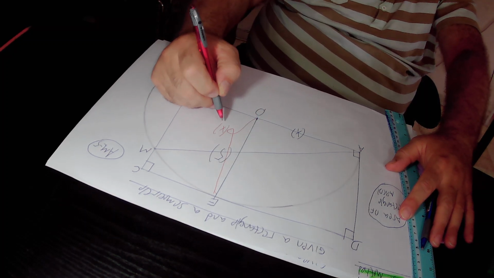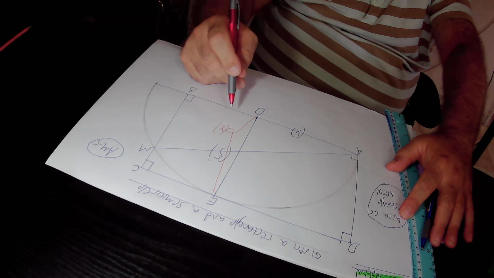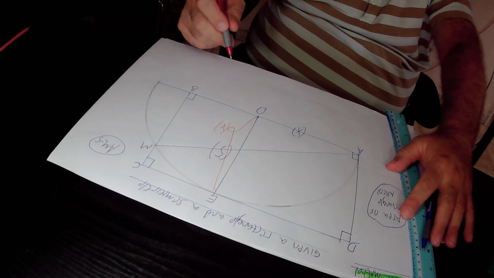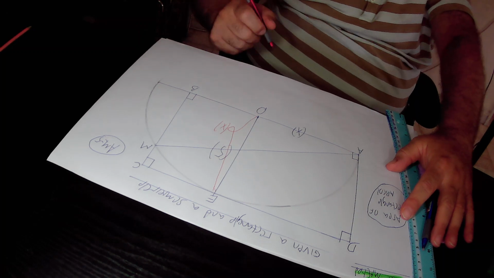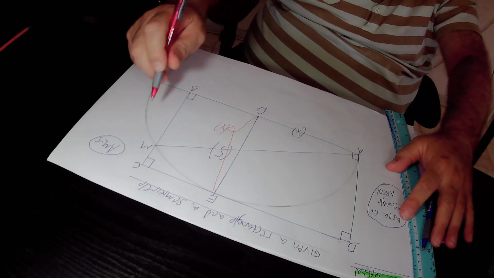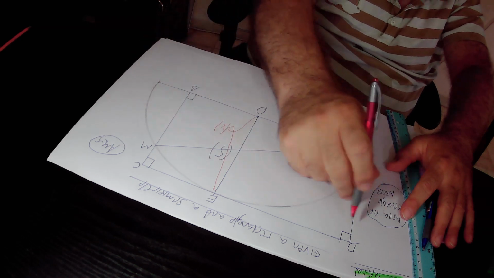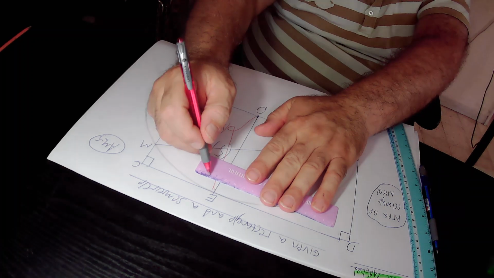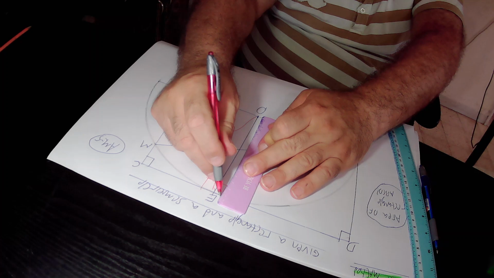Because OE is a radius of this semicircle, equal to x, drawn to point E, the point of tangency of CD with this semicircle, and whenever a radius is drawn to the point of tangency, the tangent CD will be perpendicular to the radius EO. If CD is perpendicular to EO, this angle equals 90 degrees, and this angle also equals 90 degrees according to rule 1.